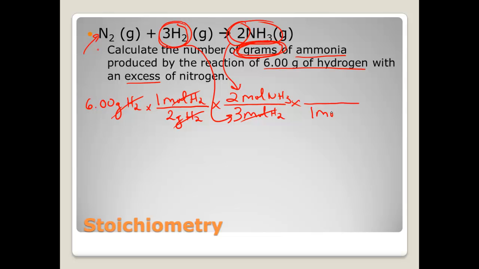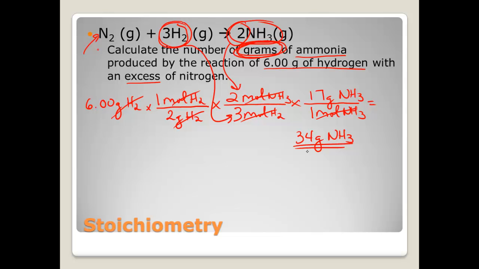So 1 mole of ammonia is 17 grams of ammonia. So the moles of ammonia will cancel out. So it's 6 times 2 times 17 divided by 2 times 3 times 1. If we do our math correctly, it appears that we would end up with 34 grams of ammonia.